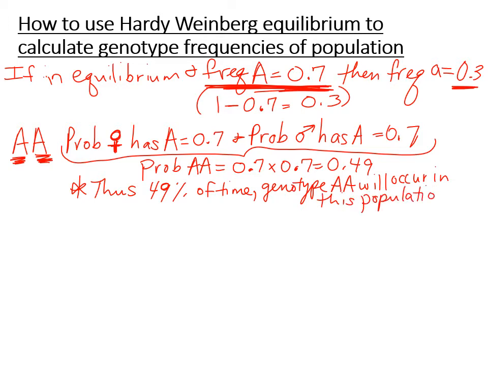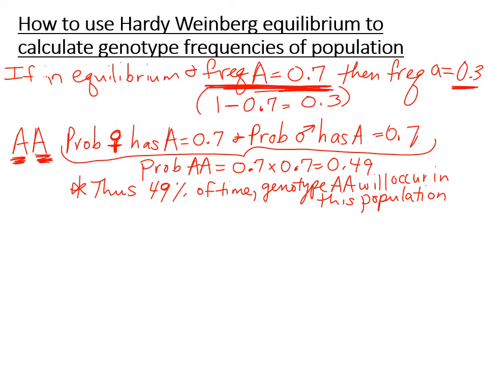Okay? Now we could have done that simply using the p squared plus 2pq plus q squared equals 1. Okay, so AA is the same as saying p squared, so 0.7 squared is equal to 0.49.